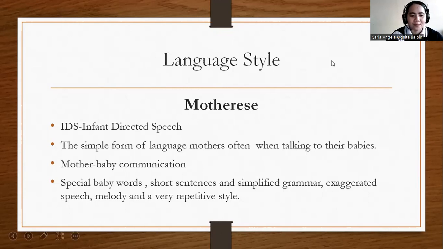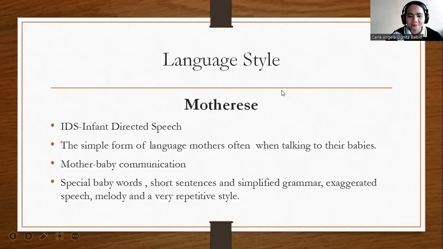It uses baby words, short sentences, simplified grammar, exaggerated speech, melody, and a very repetitive style. Another important component in mother-ese is the pitch or the tone of the voice of the mother or the caregiver. It's also observed in the language development of a child.